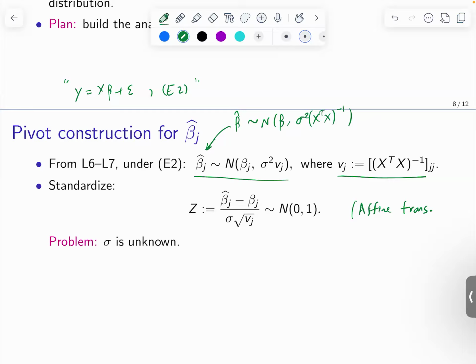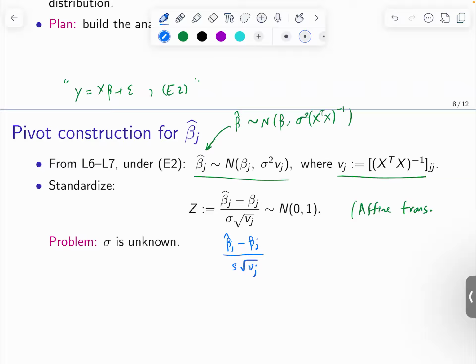Yes, basically we have an estimate of sigma, so we can just plug in an estimator. We have s squared, which is an estimate of sigma squared, and so the square root of it would be a natural estimator for sigma. So I'm going to do that.